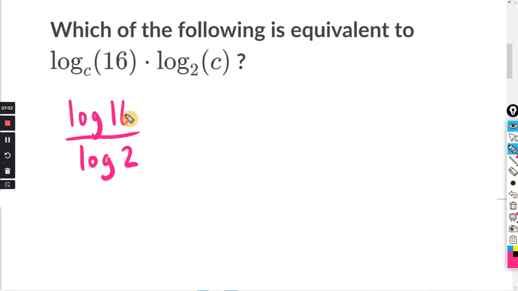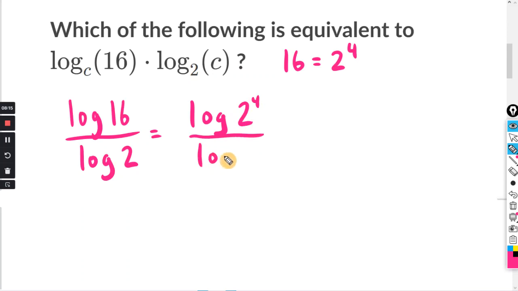Now, we had log of 16 divided by log of 2, but I can change this into a log of 2. We know that 16 is the same as 2 to the 4th. So I can rewrite log of 16 as log of 2 to the 4th, and that's divided by log of 2. And if you remember the power rule, if the argument, the thing you're taking the log of, has an exponent, you can take that exponent and move it to the front.